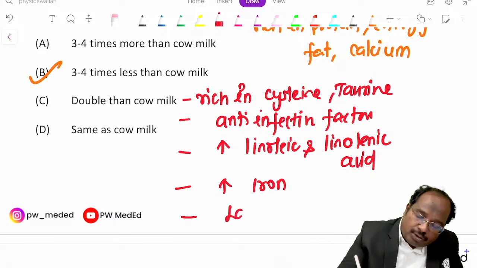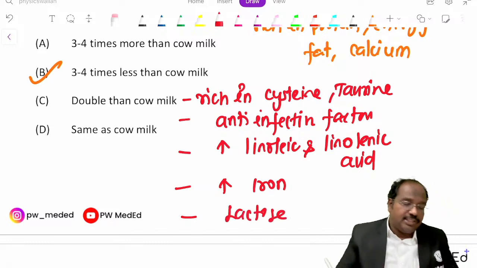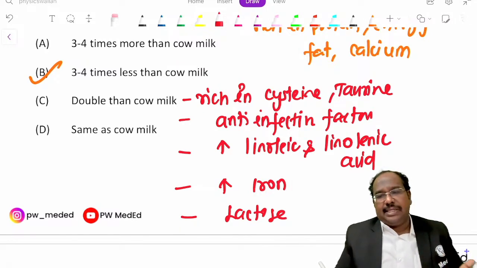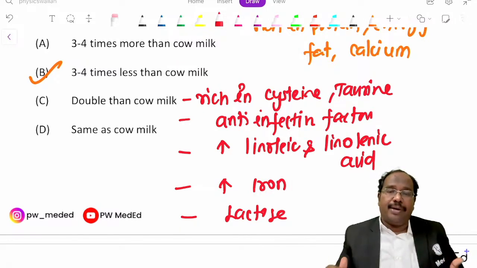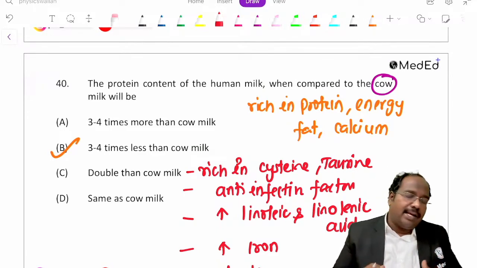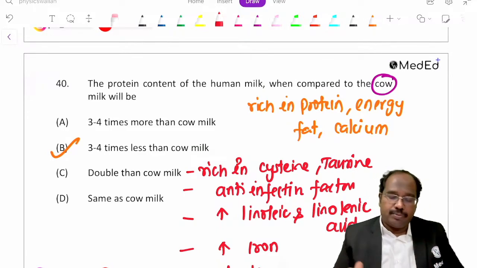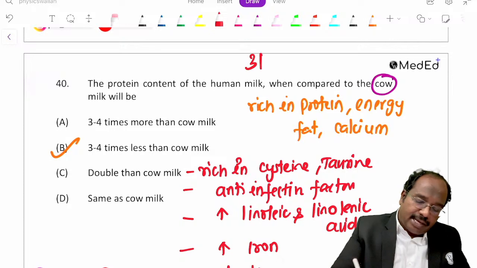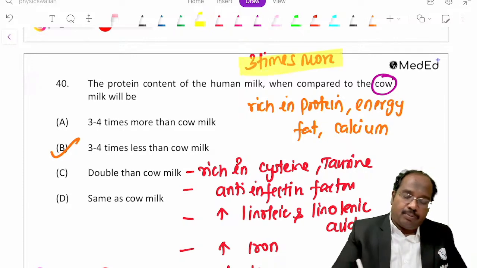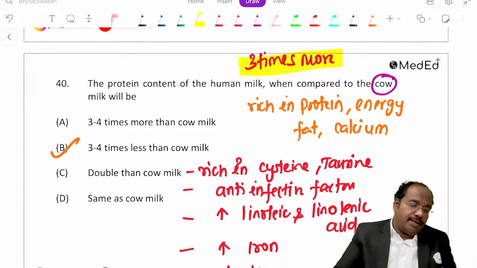Lactose is there, which is essential for the growing brain of the baby. Even vitamin A, D, C are more in breast milk when compared to cow's milk. But protein, energy, fat, calcium are all more in cow's milk. Exact value is 3 times more protein in cow's milk when compared to breast milk.